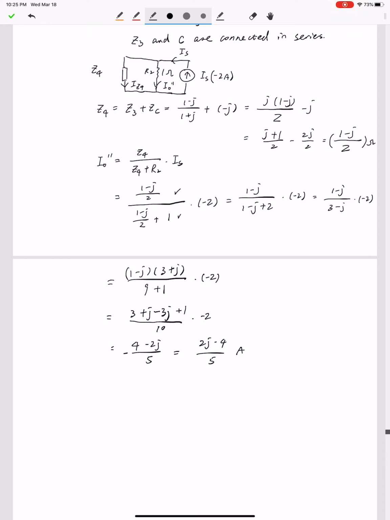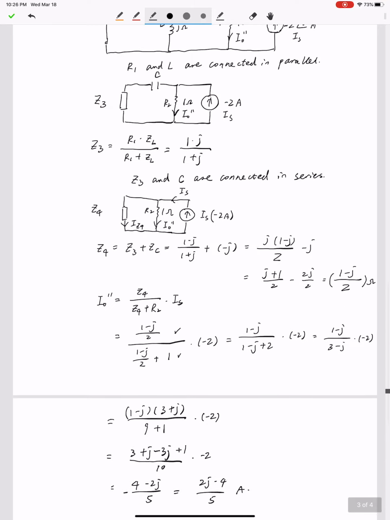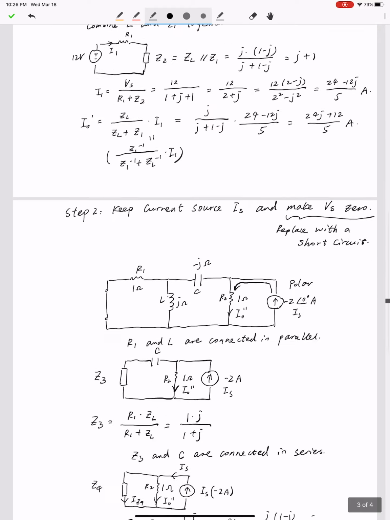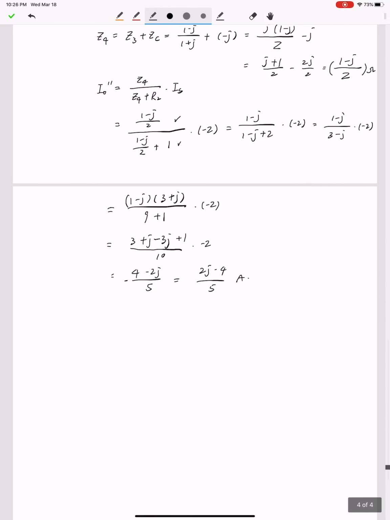The unit is also amp. After we have I naught double dot, the last step is we just need to sum the two previous results together. That means I naught dot and I naught double dot. So the final result I naught should be I naught dot plus I naught double dot.